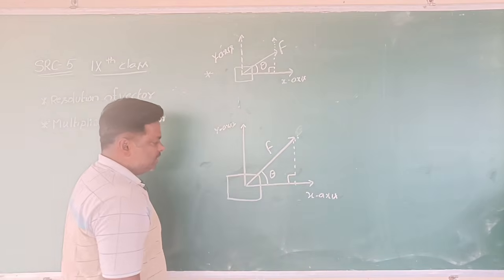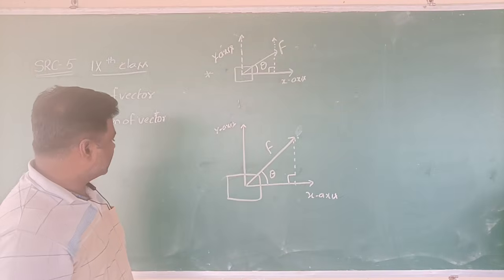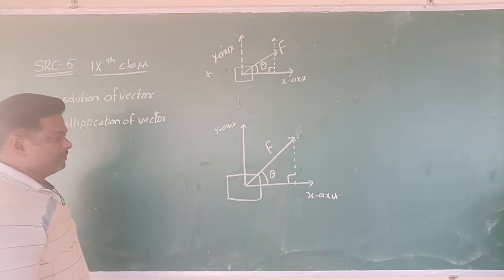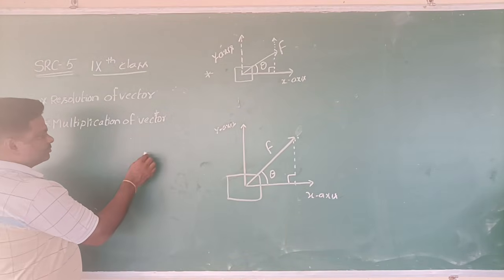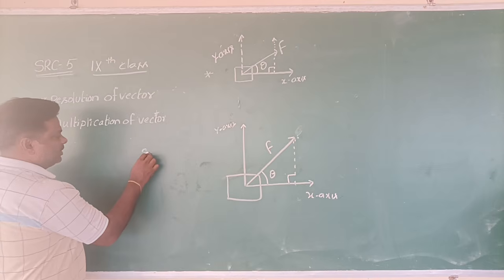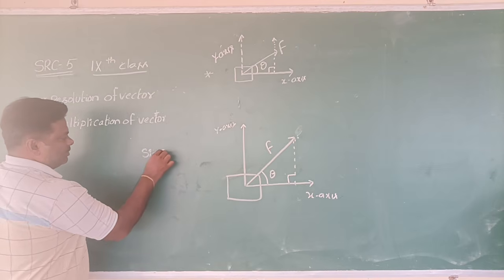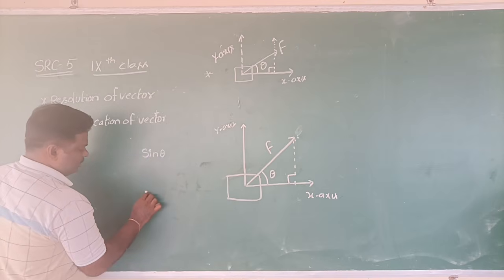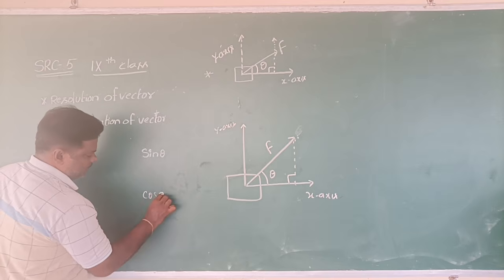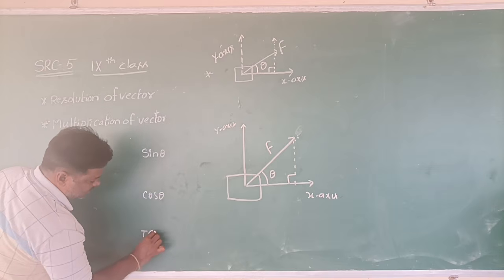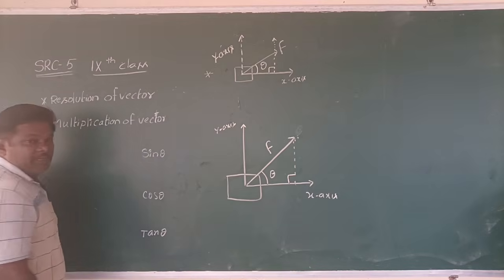So once you got a right angle, the trigonometric functions come into play. First, sine theta, cos theta and tan theta. These three are the trigonometric functions.